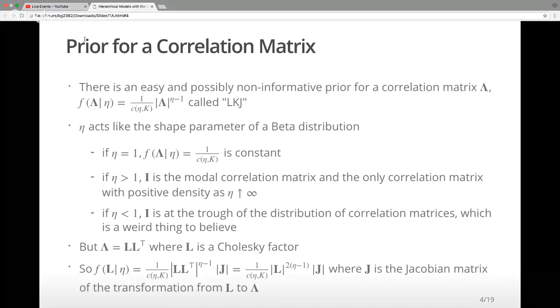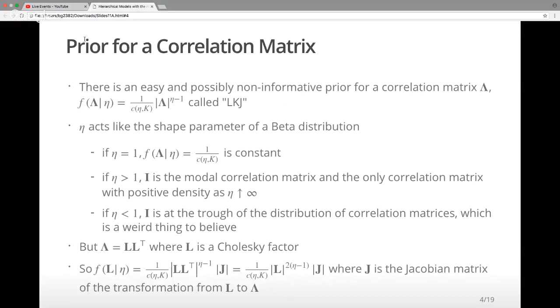You'll see people use like 4 and stuff like that. There's actually examples in the Stan manual. That seems pretty excessive to me. I will usually use, if not 1, then between 1 and 2, to give a little bit of concentration toward the identity matrix, but not a whole lot.